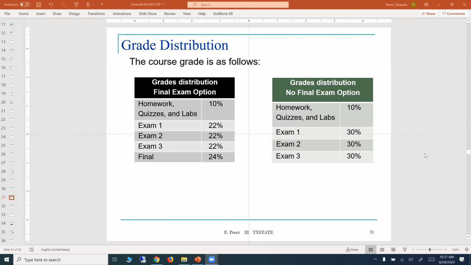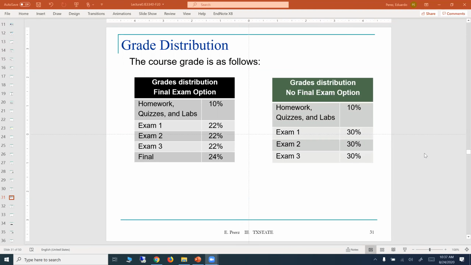So if this works for you, at the end you have, for example, an 82, and taking the final is not going to help you, so you can keep your 82, which is a B. Or if you have a 90 and you want to keep your A, then you don't have to take the final.